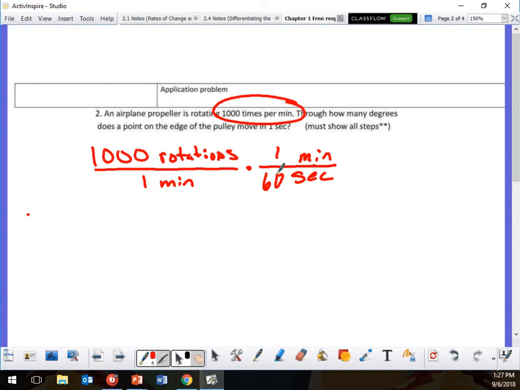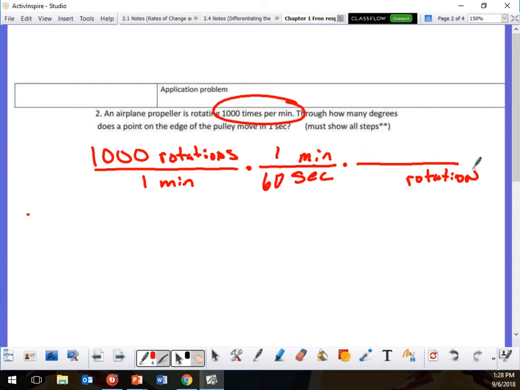Now, the rotation. Where's rotation going to end up at? On the bottom. Now, 1 rotation is how much?